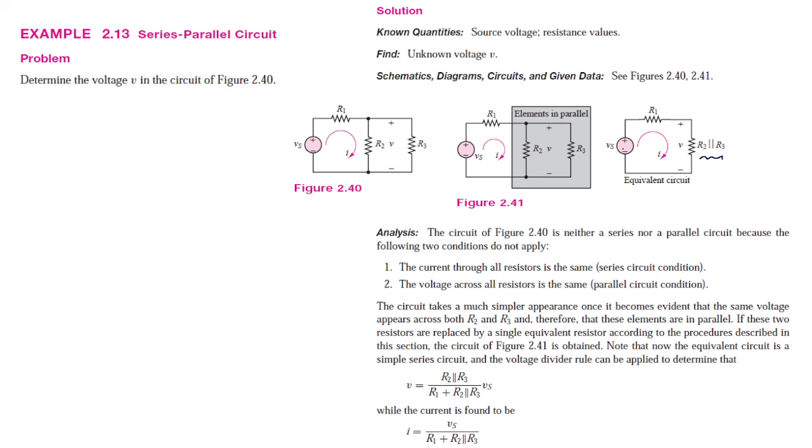We can apply the voltage divider rule to this circuit also, across these two terminals. V across R2 can be computed by, if this becomes RA, V equals Vs times RA divided by R1 plus RA, by applying voltage divider in this circuit.